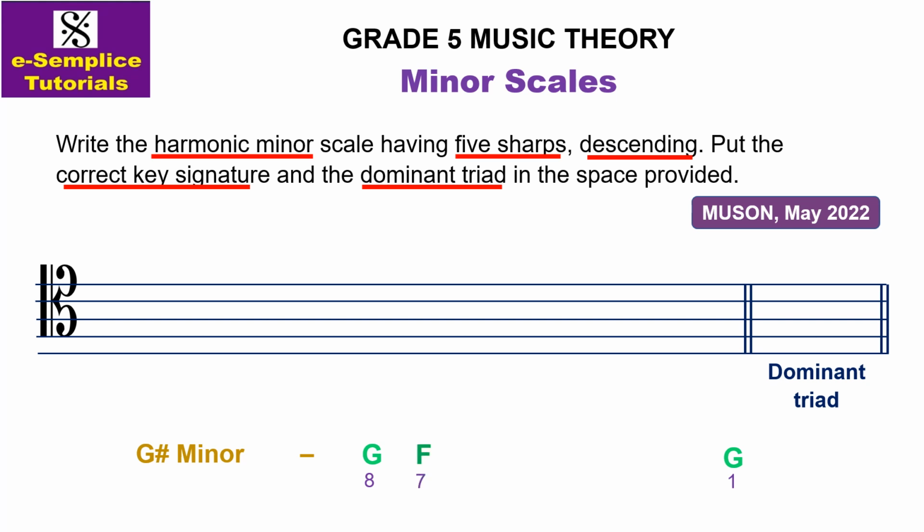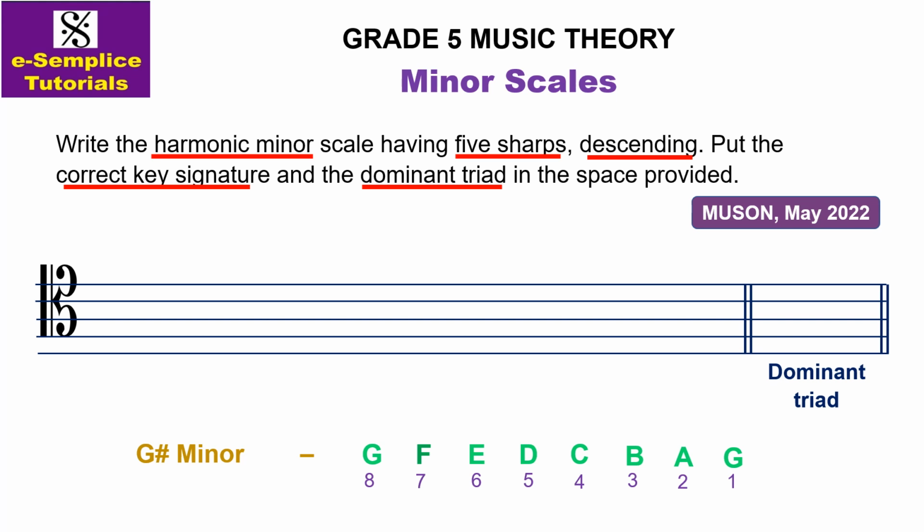Then you can fill in the blanks, but remember you are descending from note 8 to note 1. So we go down until we get to the first degree. It's best you work out the answer first before you put them on the scale.